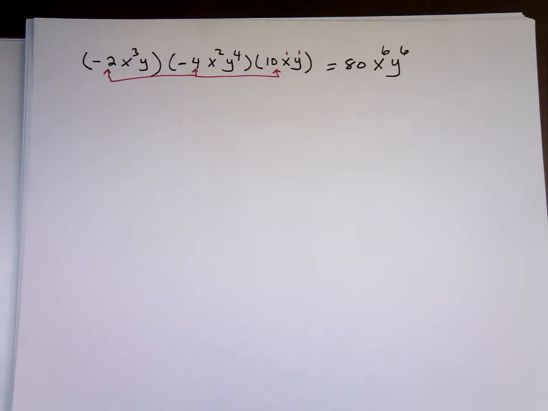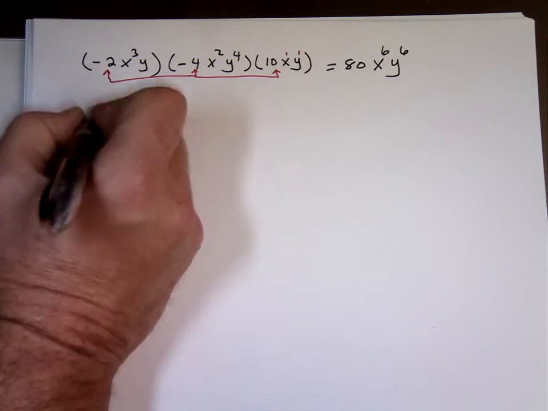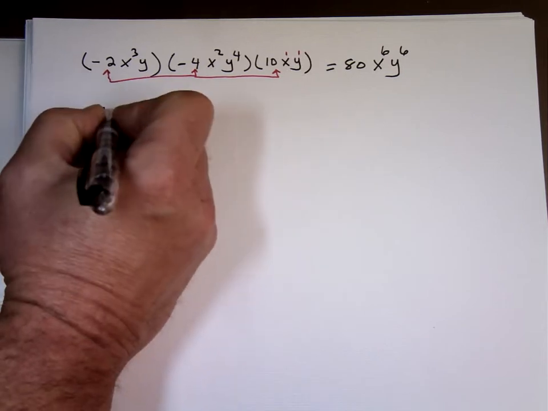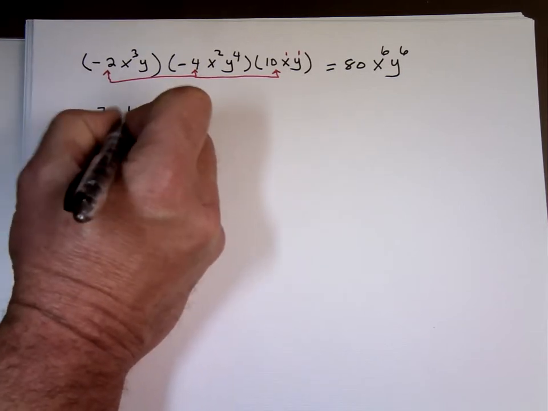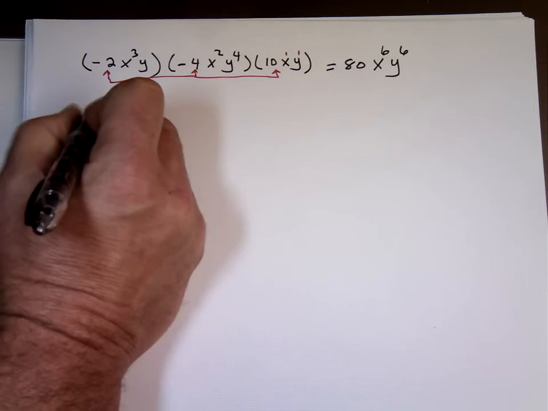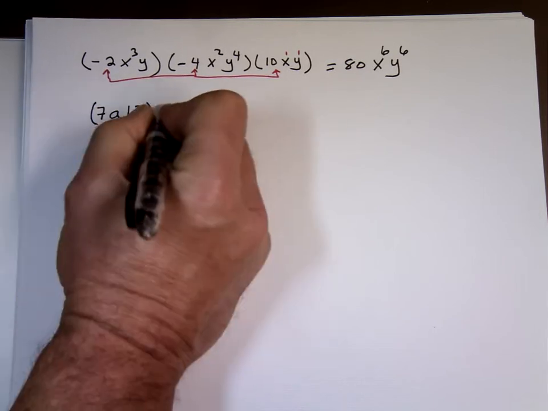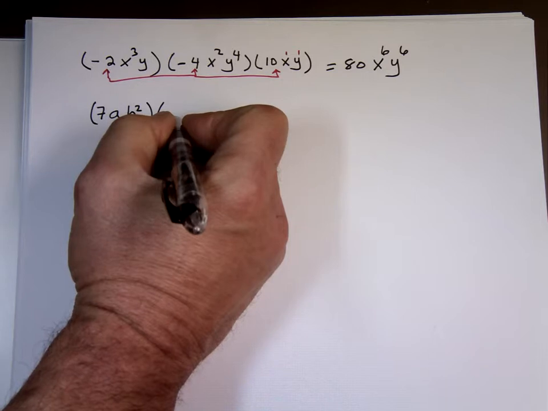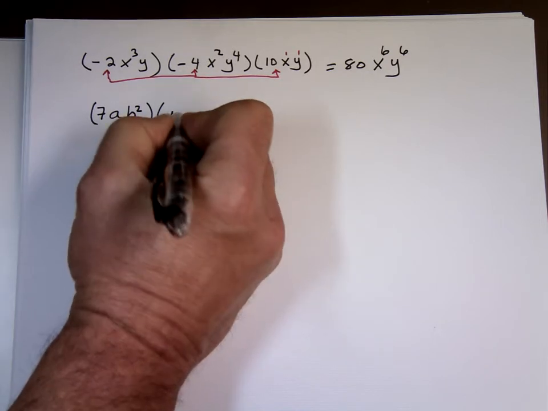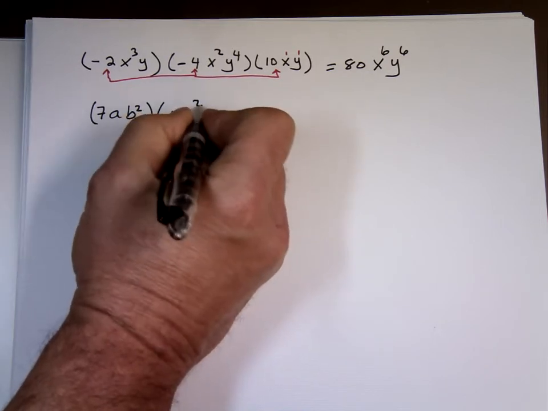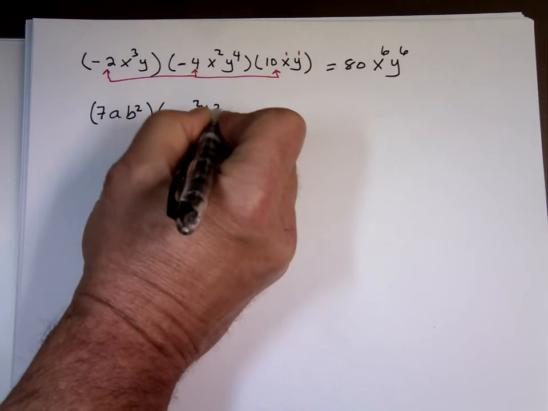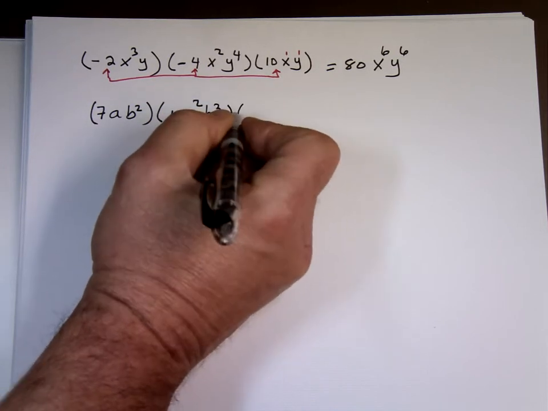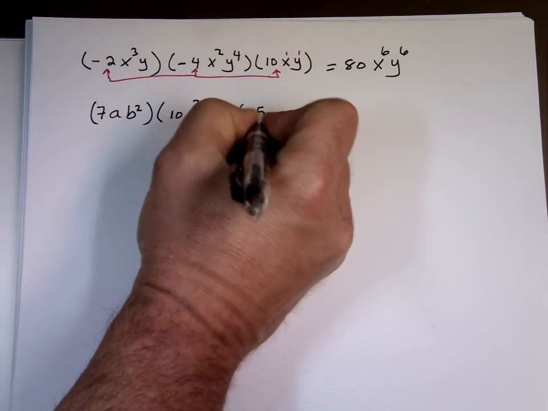Another one with multiple pieces. 7ab squared times 10a squared b to the third times -5a.